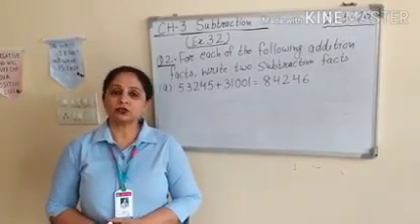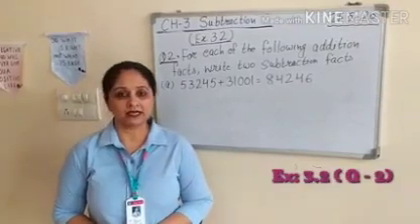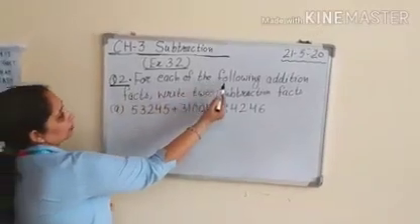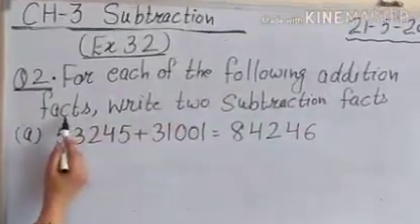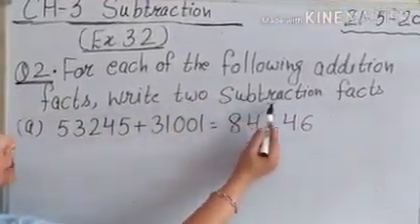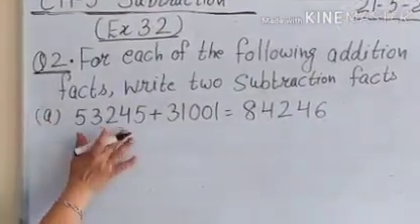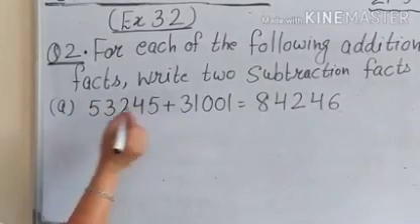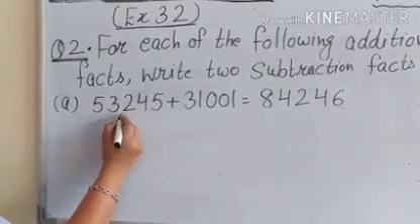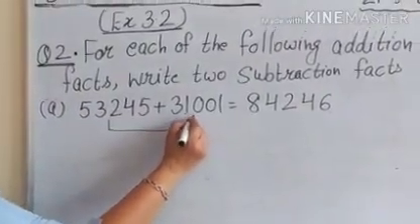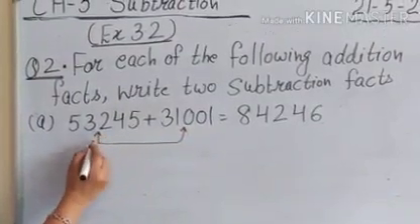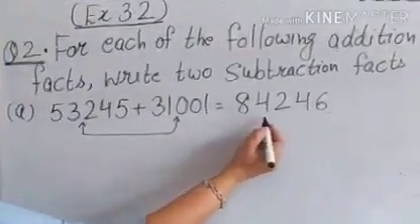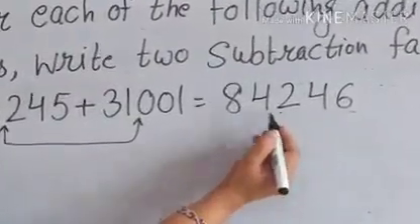Now we will discuss question number 2 of that exercise, which is: for each of the following addition facts, write 2 subtraction facts. So in this question, we will write 2 subtraction facts. As you know, the numbers we are adding, we call them addends, and the answer we get, we call the sum.